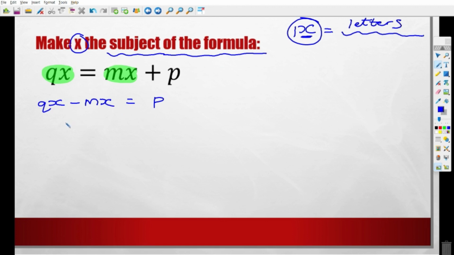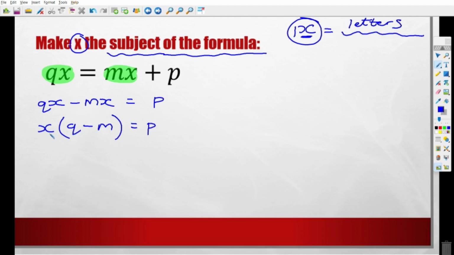Factorize. Can you see I've got an x there and an x there, so my x's are common. When I've got something common in two terms, I can take him out and open up a bracket. And what's left if I take out an x? Q minus m. Fantastic.